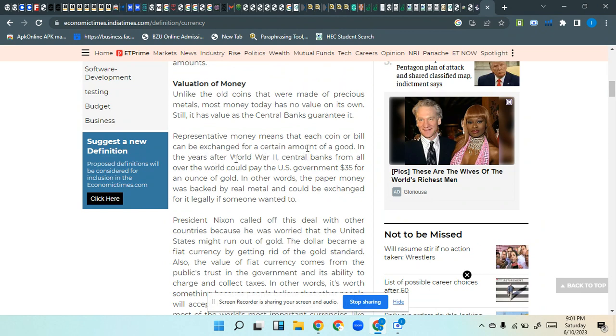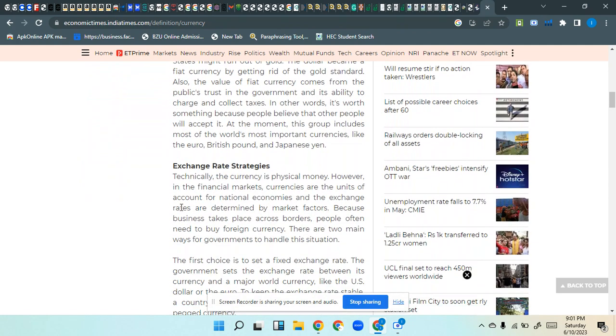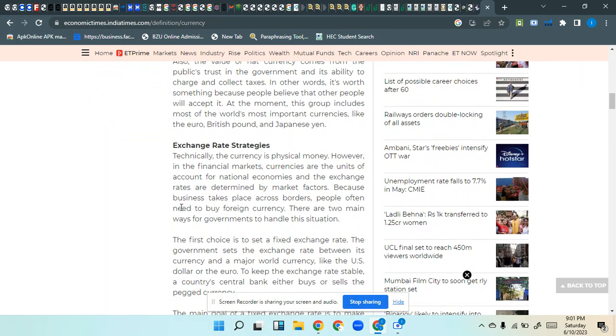In the years after World War II, central banks all over the world could pay the US government $35 for an ounce of gold. In other words, the paper money was backed by real metal and could be exchanged for it legally if someone wanted to.